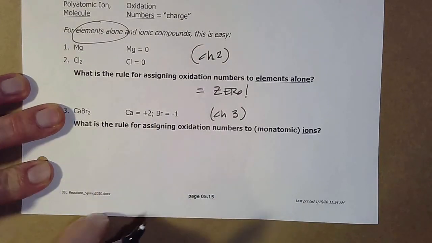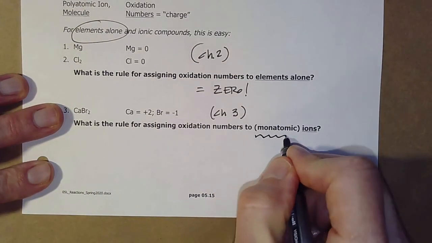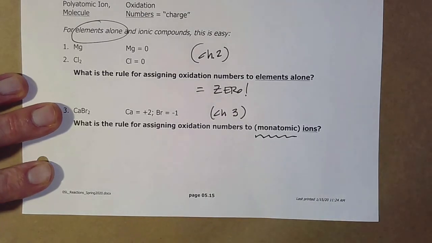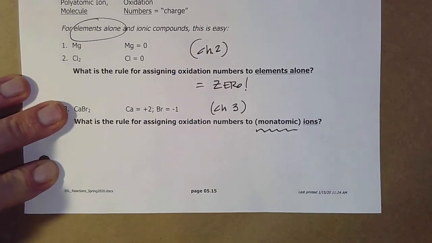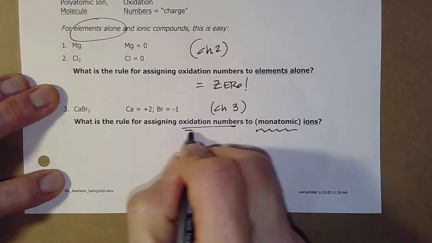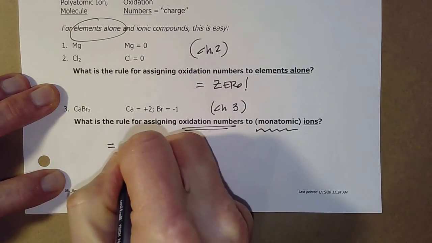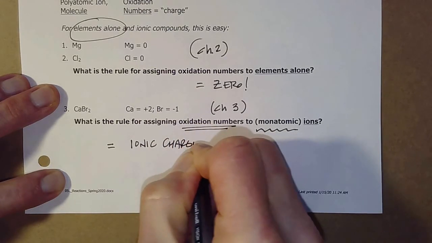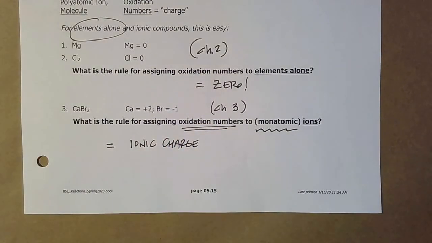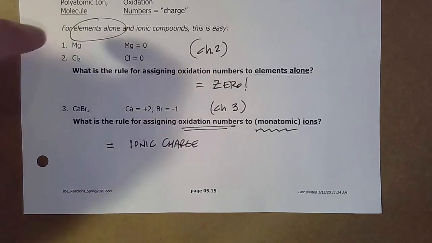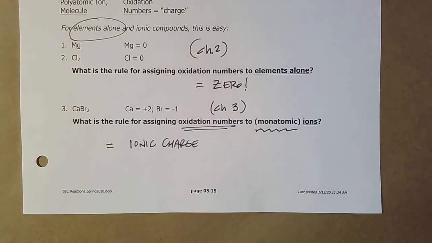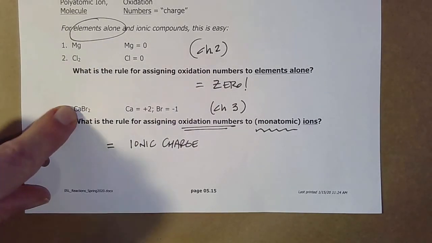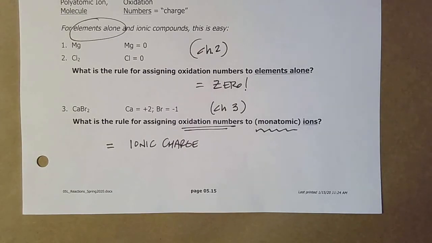Well, those are our monatomic ions that follow all those patterns on the periodic table. So we say, well, the oxidation number equals the ionic charge. So far we haven't had to pretend at all. Elements alone, same number of protons and electrons, they're 0. Atoms that have become ions in ionic compounds, that's easy. We already know those. We know all the patterns.